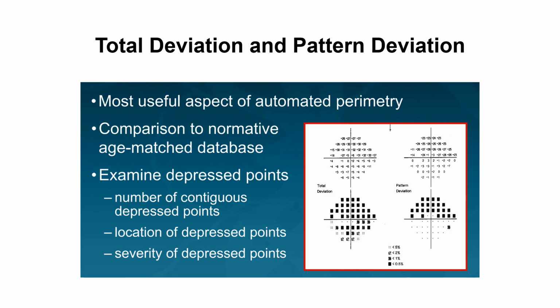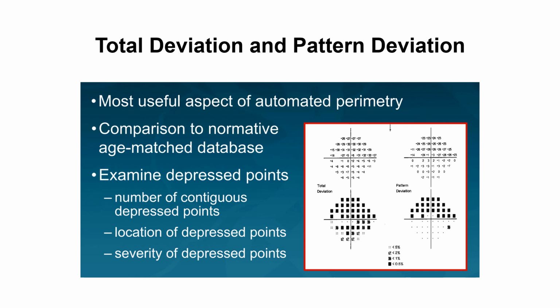The total and pattern deviation are among the most useful aspects of automated perimetry. We said that they compare the field data of the patient's responses to the normative age-matched database. They examine the depressed points.